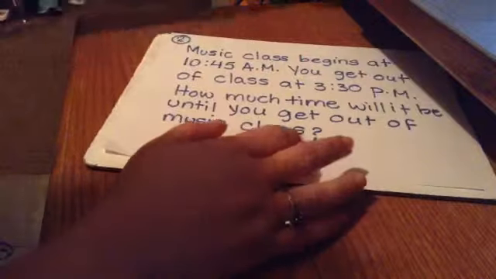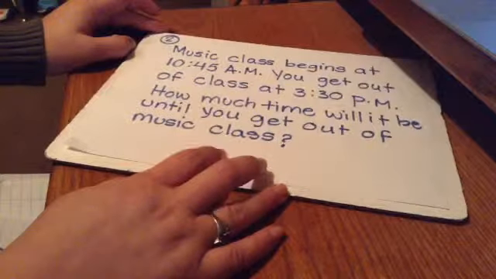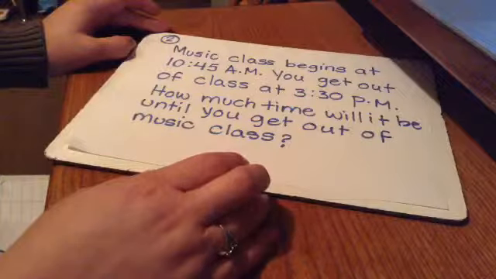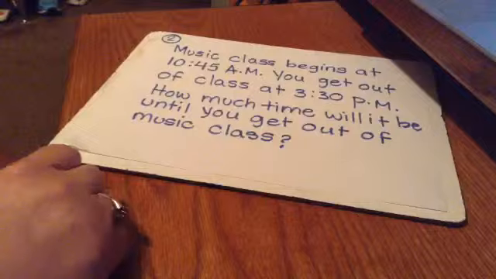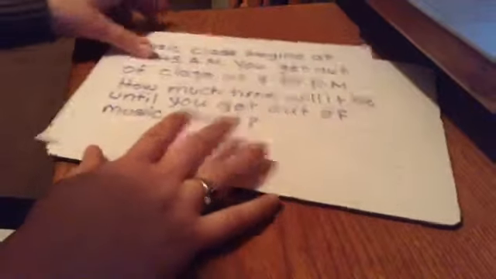And it reads like this: music class begins at 10:45 a.m. You get out of class at 3:30 p.m. How much time will it be until you get out of music class? Okay? So we're going to learn about elapsed time using linear model.